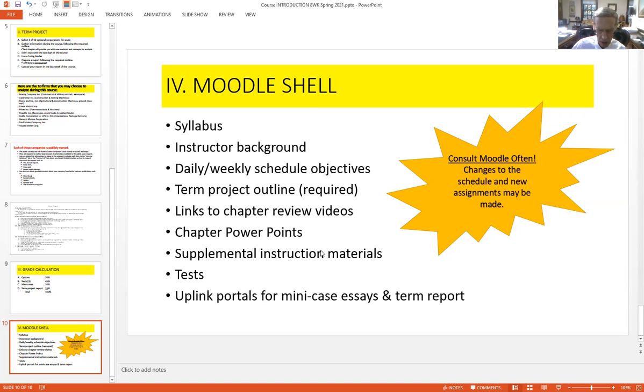And there are always PowerPoint slides for each chapter. So you can use those PowerPoint slides just to check and make sure that you've picked up each one of the points when you read the chapter. That's a good way to prepare for the quiz.